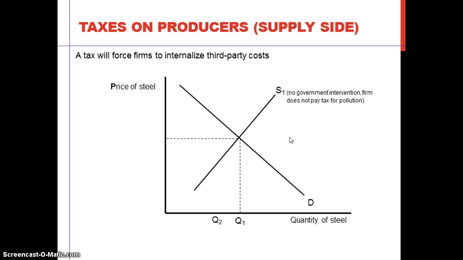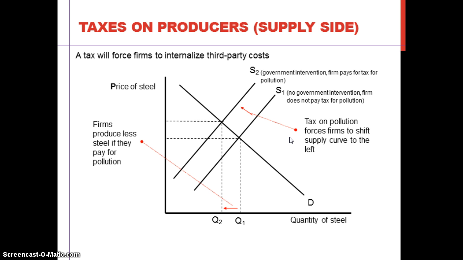At this point, the farm does not pay tax for pollution, and so they tend to overproduce steel by this amount. So the government wants to shift this equilibrium to here by using taxes. And finally, the farm pays the tax, and it means the farm pays the cost of pollution.